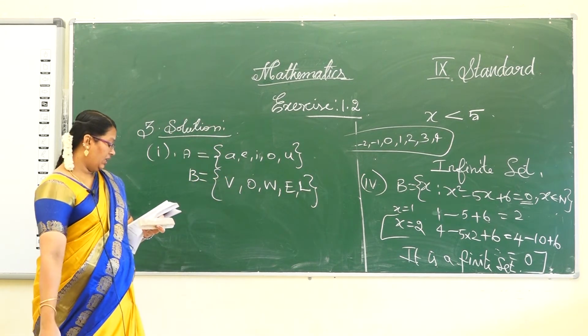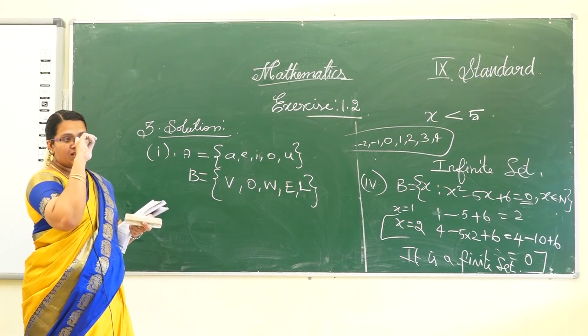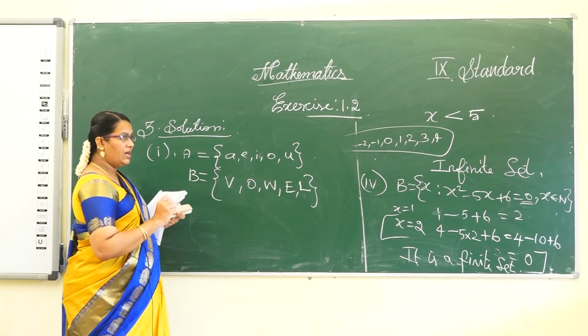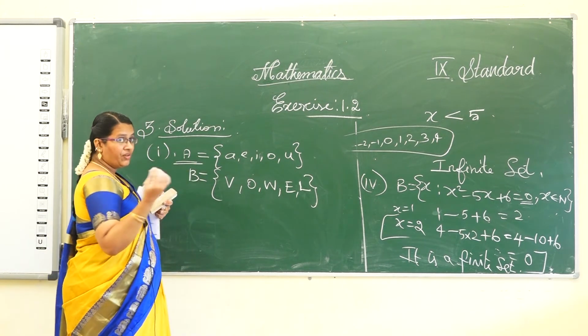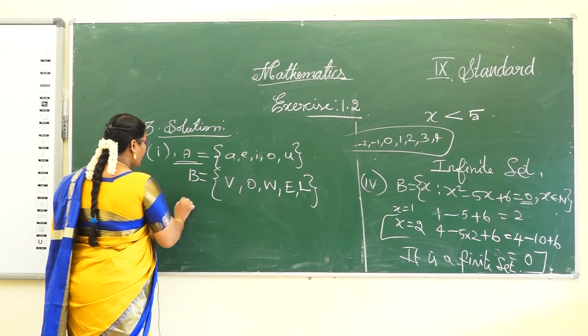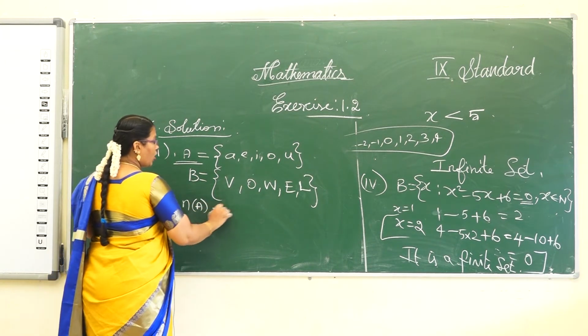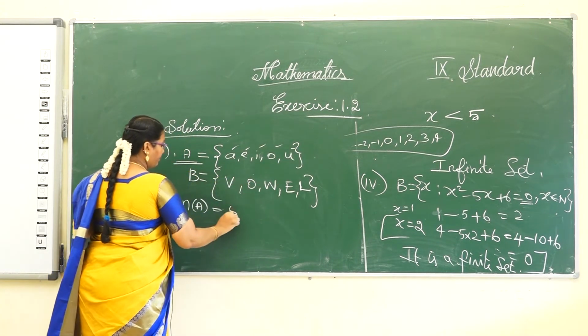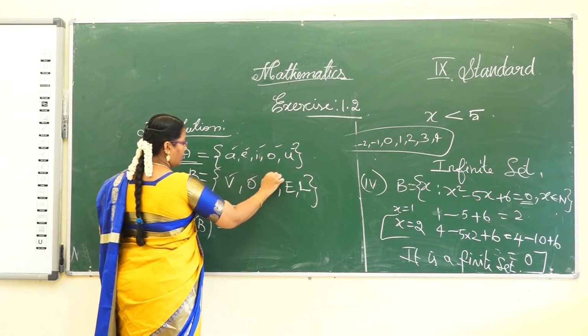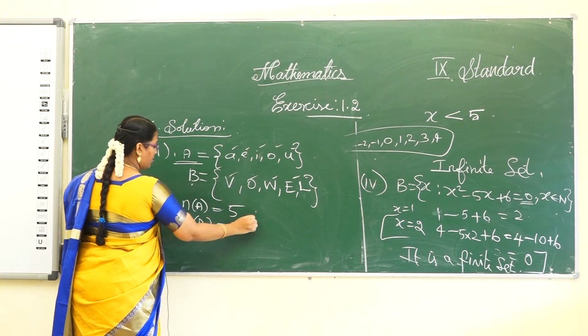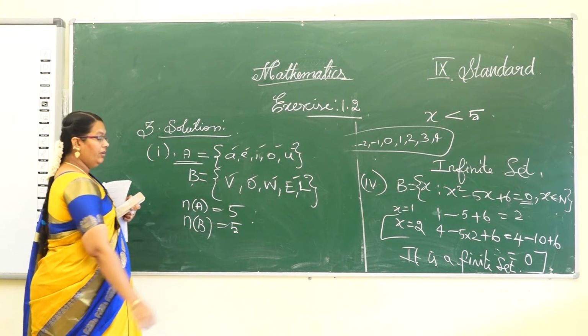So, first check the equivalent set. Equivalent set means the number of elements in sets A and B are equal. So, first write the number of elements. Number of elements means the cardinal number of the set. So, n of A is equal to 5. Here n of B is also 5 elements.